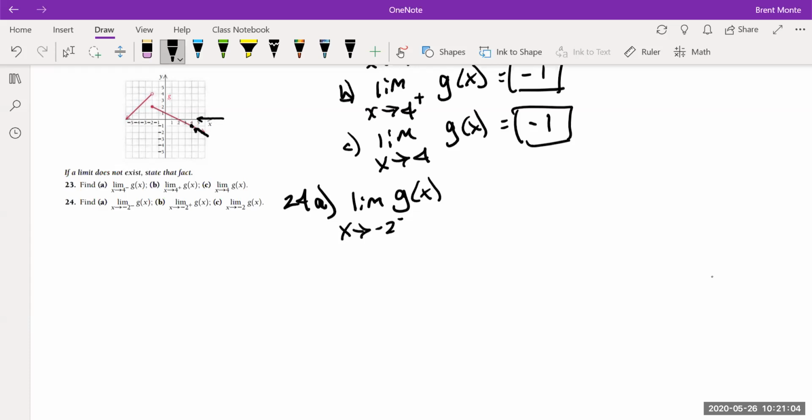This time on the curve, there's -2, and we're coming in towards -2. On the curve, I'm coming in towards this. As x gets closer and closer to -2, y is getting closer and closer to 4. So that value is a 4.